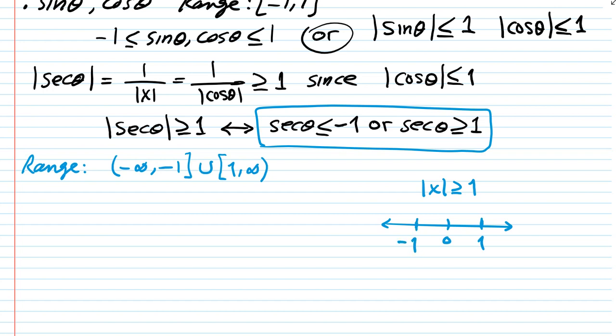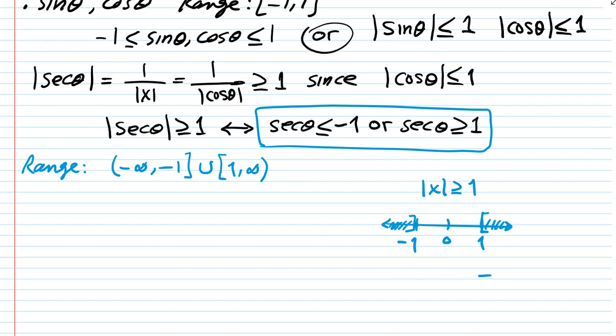Greater than or equal to 1, so that means everything above 1, right? That's going to be greater than or equal to 1. Now, everything that's less than or equal to -1 will in absolute value also be greater than 1, wouldn't it? So, for example, -2. Absolute value of -2 is 2. Isn't that greater than or equal to 1? It is greater, but not equal, but that's good enough.